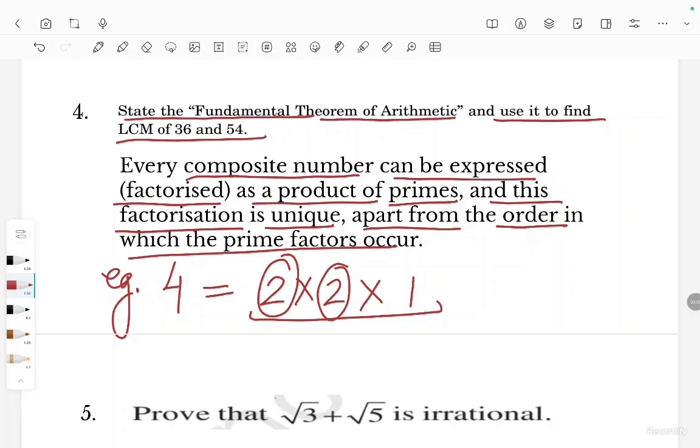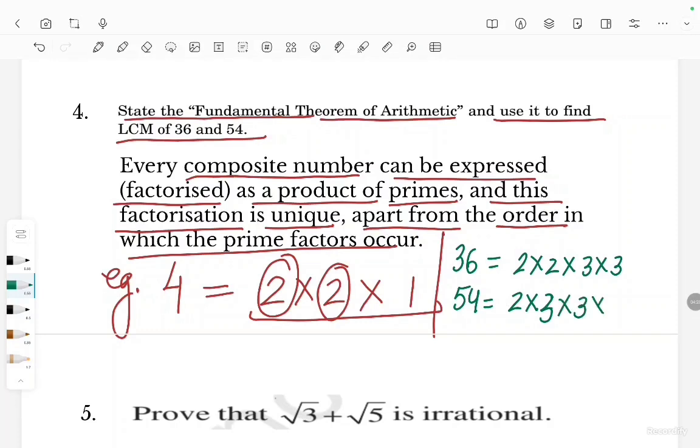With the help of this we have to find the LCM of 36 and 54. 36 can be written as 2 into 2 into 3 into 3, right? And 54 can be written as 2 into 3 into 3 into 3, right? Now, 2 raised to power 2 into 3 raised to power 2, and 2 raised to power 1 into 3 raised to power 3.